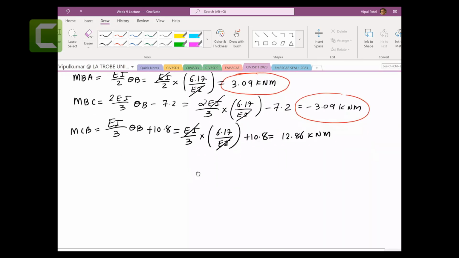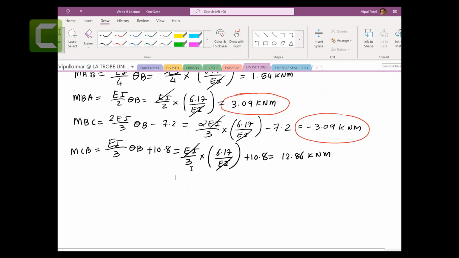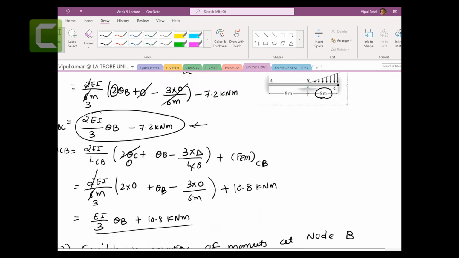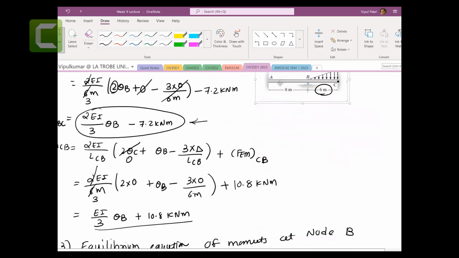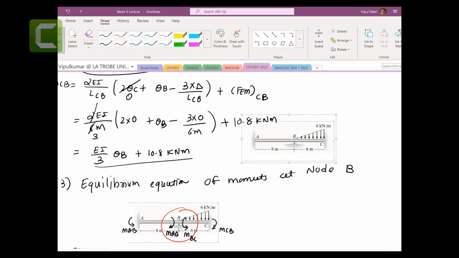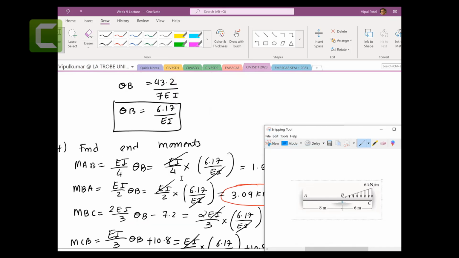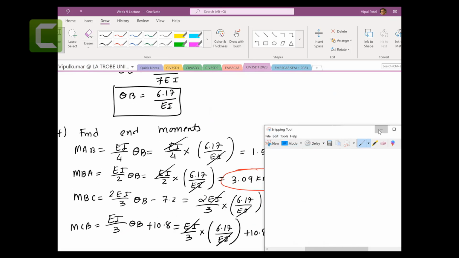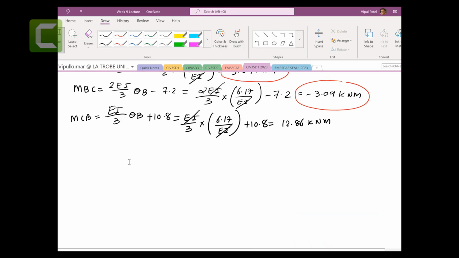This is all good. So in that case, I can say that these values I can put on my figure in my question. Let me copy it and we can put it here.